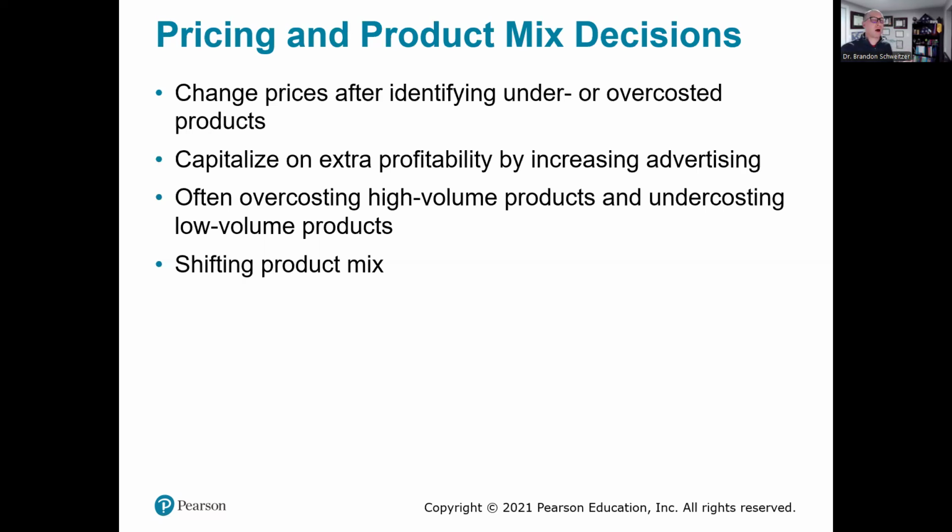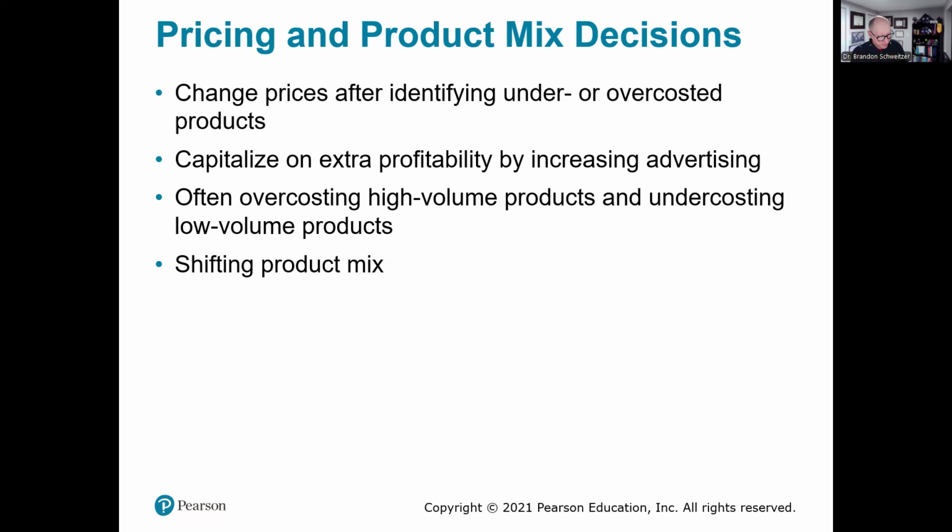I might think about eliminating one of those two product lines because it just doesn't generate enough profit. Or maybe it's what we call a loss leader. It's really just not living up to the standard and we're kind of losing a little bit of money, right? So we need to make adjustments accordingly. So we need to change prices after we identify under or over costed products, right?